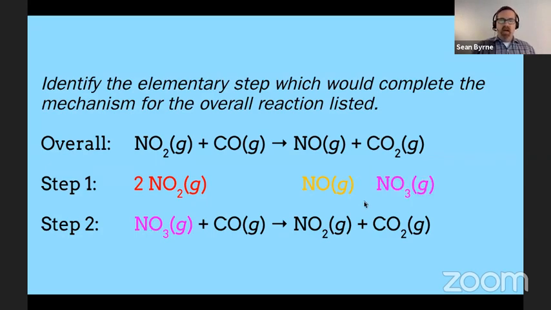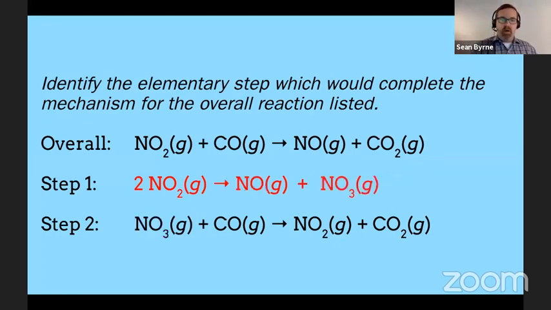So we would put that on the product side of step number 1. And that gives us our complete reaction. So our solution to this problem would be that 2 NO2s react to make 1 NO plus 1 NO3 there. All right, give you a second just to process that.